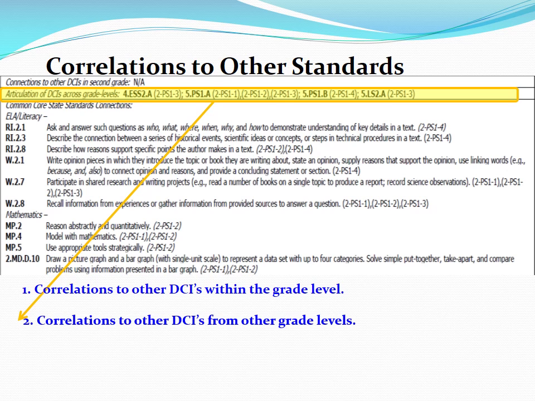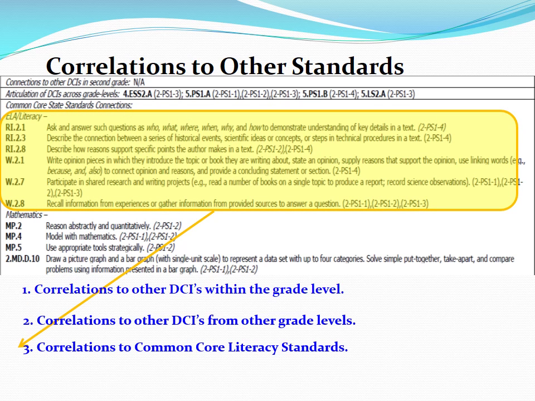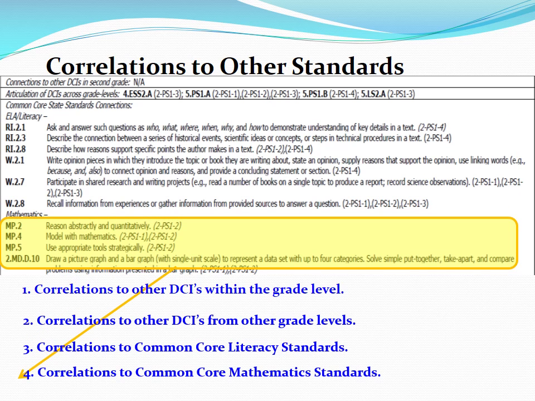So this would tell which standard or which DCIs these correlated to in high school and in elementary school if you are looking at a middle school standard. The next group of correlations correlate to the Common Core ELA standards and finally the Common Core math standards. So at the bottom of every standards document you will find this white section that tells not only what other DCIs are correlated to these standards, but also the Common Core literacy standards and math standards.